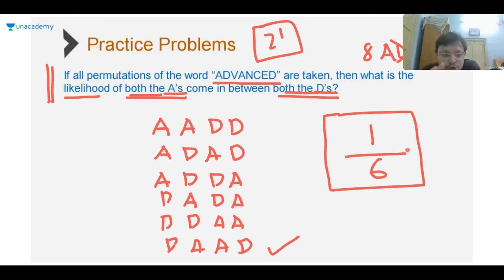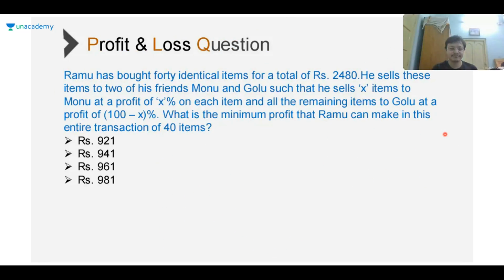So again, do not get perturbed by looking at a question and thinking that it's a huge question. It doesn't even matter how many alphabets are there in this word. All that matters is A's and D's can be arranged in 6 ways, and in only 1 way are both the A's between the D's. So the answer is 1 by 6.